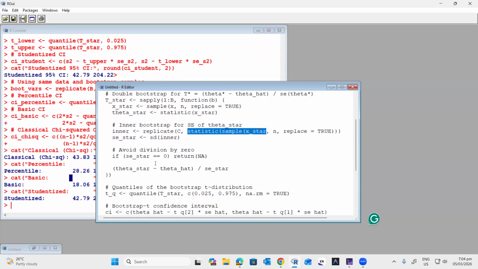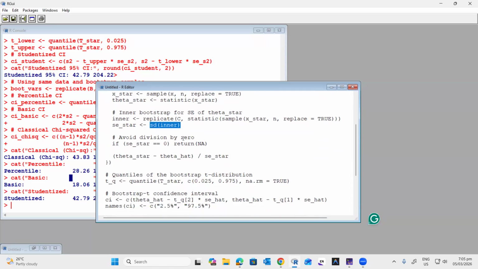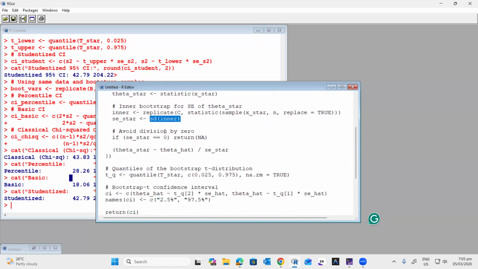All right, so in that SC underscore star we will calculate the standard error of our inner estimates of theta, that is basically theta cap star B. So after that we need to avoid the zero. As we have seen, the zero was occurring in our example.